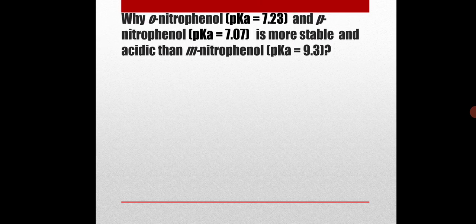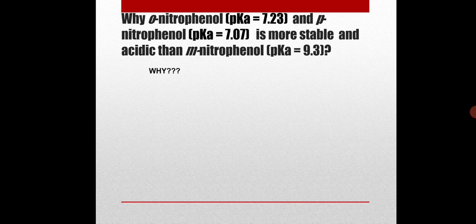Now coming to the last part of our discussion, we have discussed that para-nitrophenol and ortho-nitrophenol are more acidic and more stable than phenol. But what about the other isomer, meta-nitrophenol? It is observed that meta-nitrophenol is less stable and less acidic than the other two isomers.